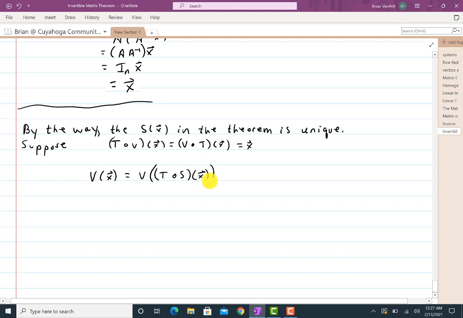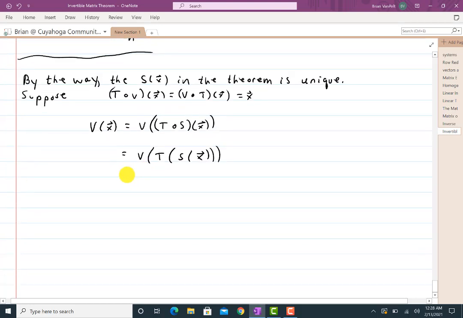Remember that x was equal to T circle S. And then this is going to be equal to V of T of S of x, like so. But then that is V circle T of S of x. But V circle T is the identity function. That means whatever's in the parentheses is what it equals. And so we see that V and S are the same thing. So as I mentioned, that S is unique.